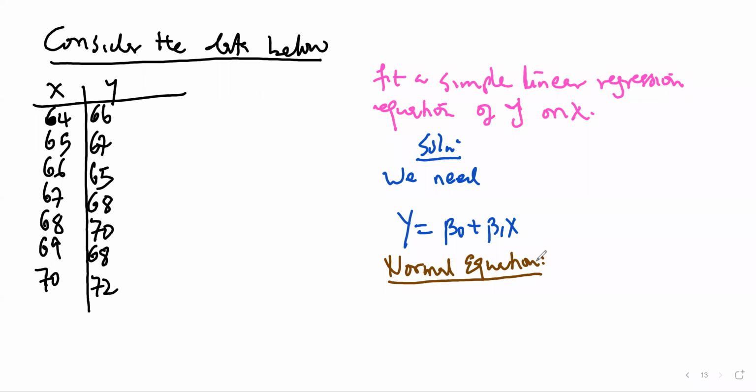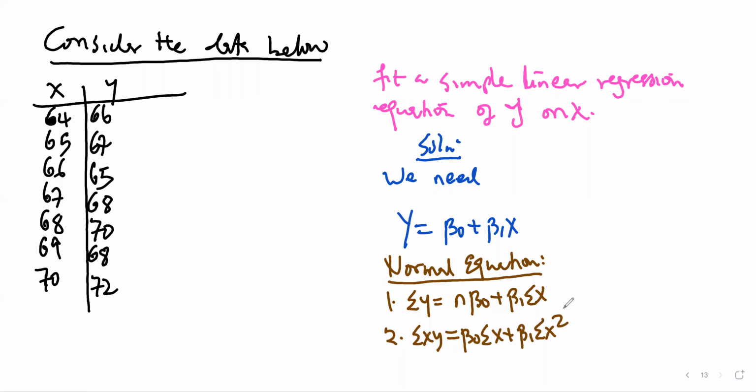The normal equations are summation of y is equal to n beta naught plus beta 1 summation of x, and summation of xy is equal to beta naught summation of x plus beta 1 summation of x square. Those are the normal equations that we need to solve.